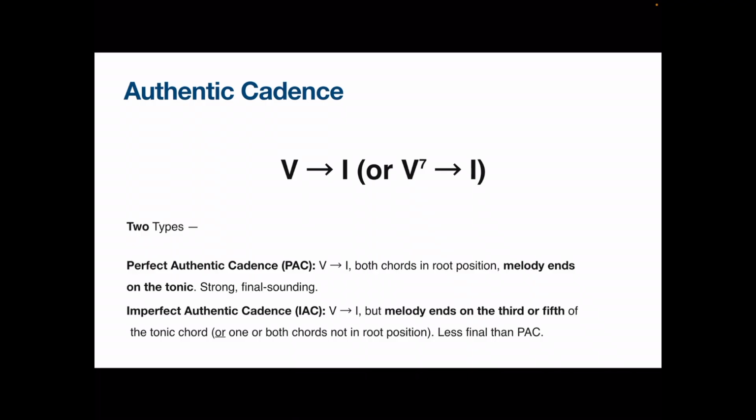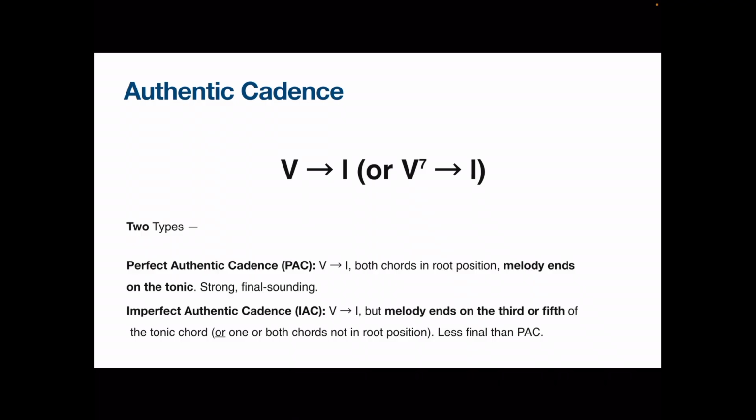And if we go to the other notes, like the 3rd or the 5th, it can still sound like it's ending, but it doesn't feel that complete. So that's why it's called imperfect. So that's the melody part, but also in the bass, in the lowest notes, if one of the chords is not in root position, we also consider it as the imperfect authentic cadence.